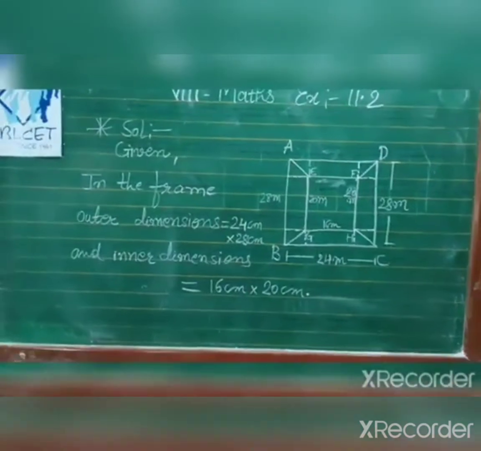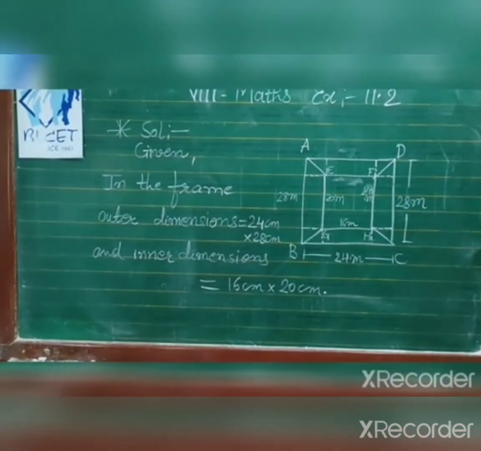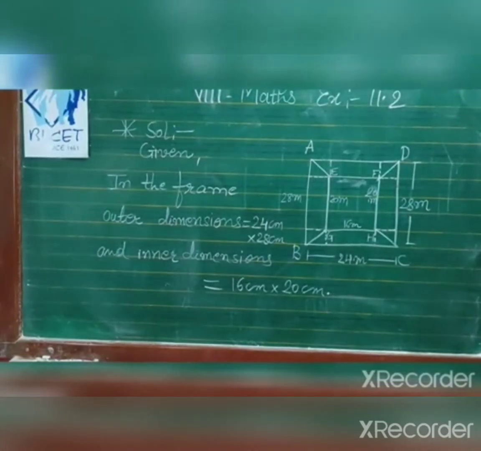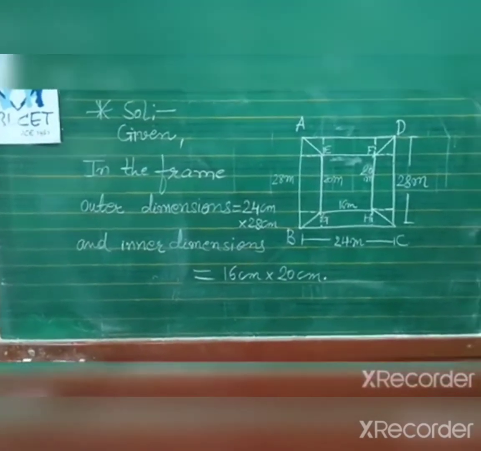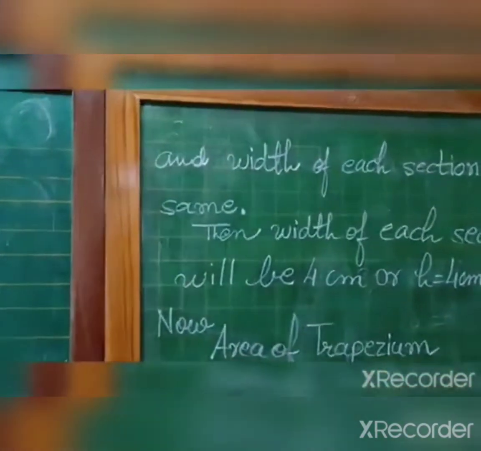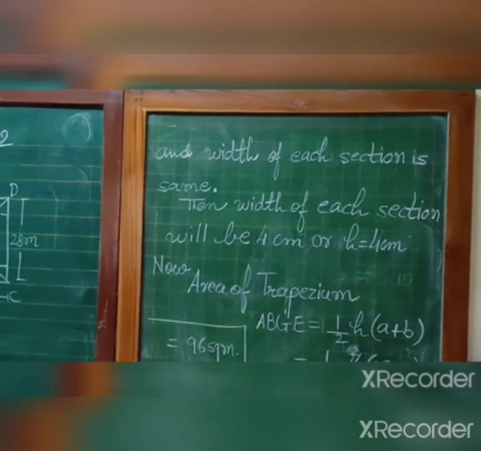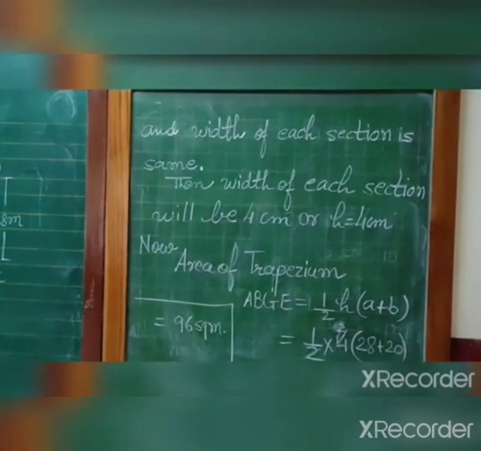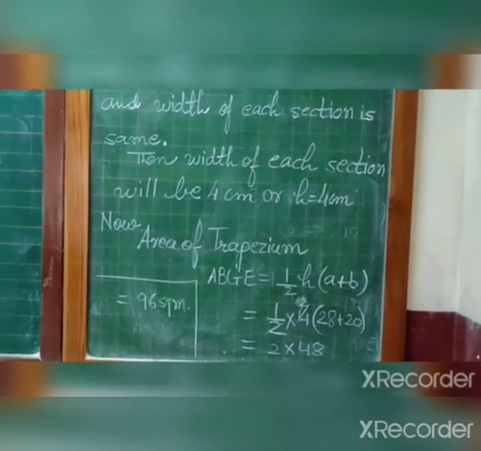So I have written here first, given in the frame: outer dimensions are 24 centimeter into 28 centimeter and inner dimensions are 16 centimeter by 20 centimeter. And given the width of each section is the same, then the width of each section will be 4 centimeter. Already I explained. That means h equal to 4 centimeter, that means height.